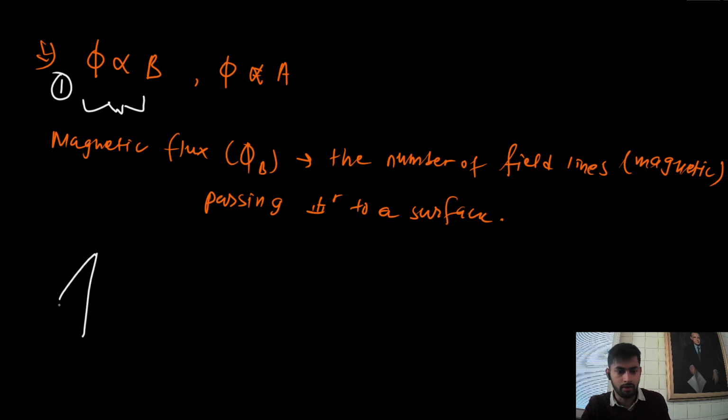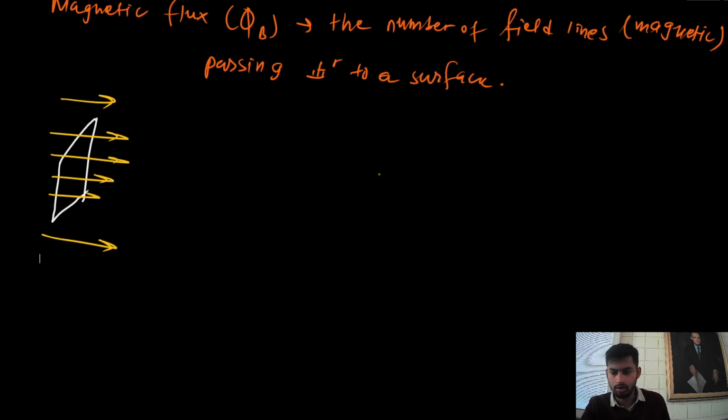would be if I take a sheet of paper, oops, I have slipped, and if I draw magnetic flux over here, say these are flux lines, right?